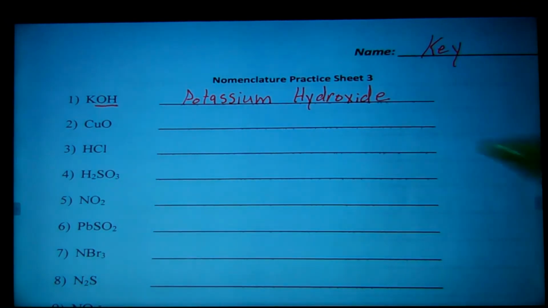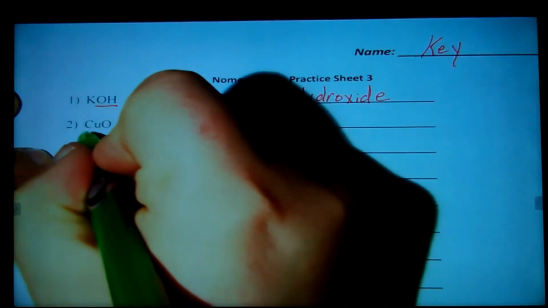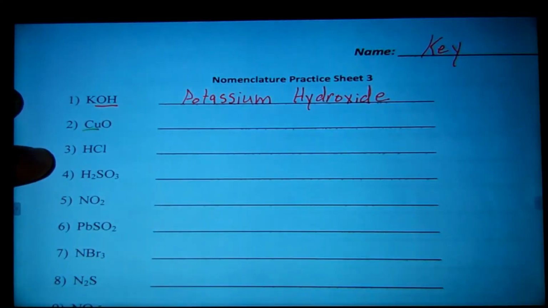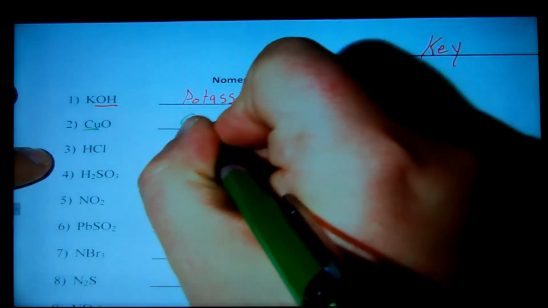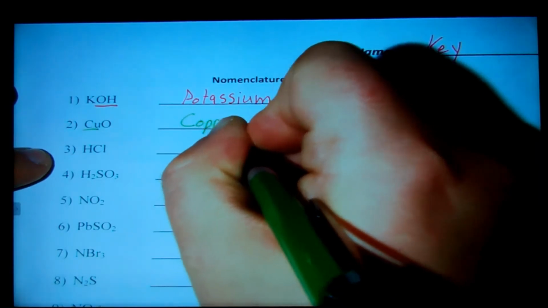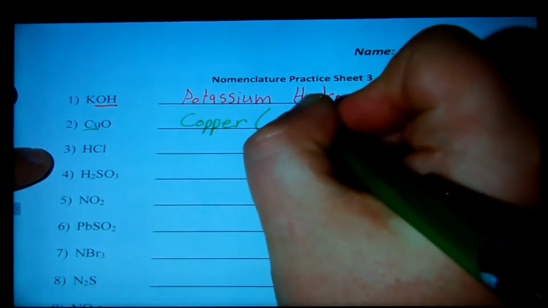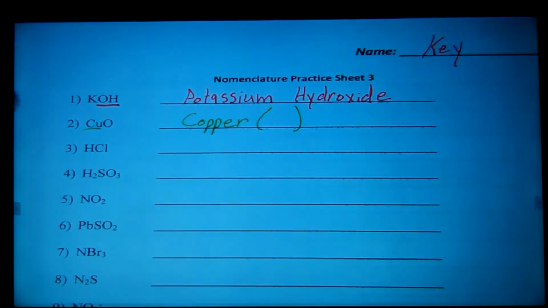Then I look at my cation, which is copper, so Cu, and ask, does it have a fixed charge? Since copper comes from the D block, it does not, which means we have to use stock system, so copper, and then in parentheses, we're going to put the charge of this copper. Okay, we have to find it, and you do that by looking at the anion.